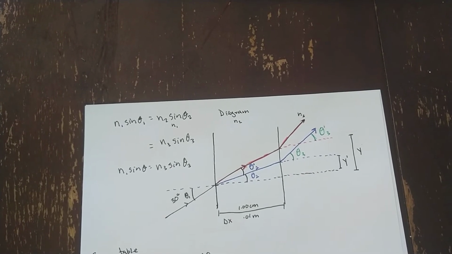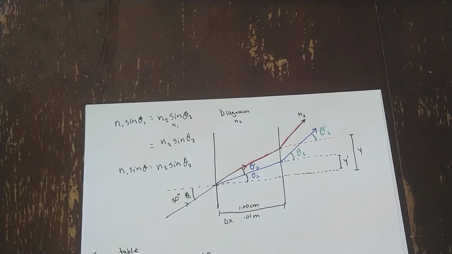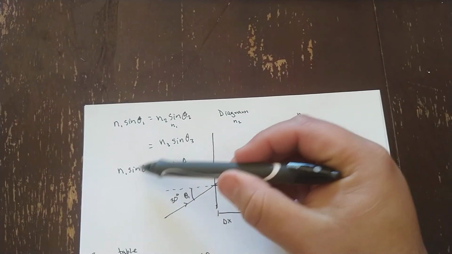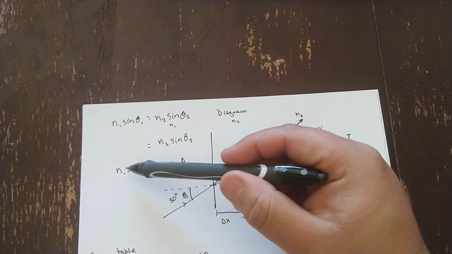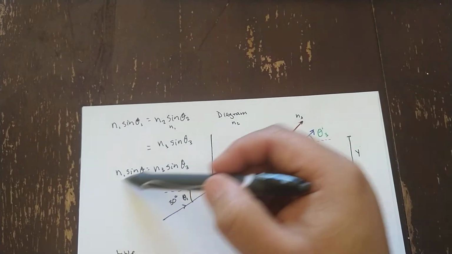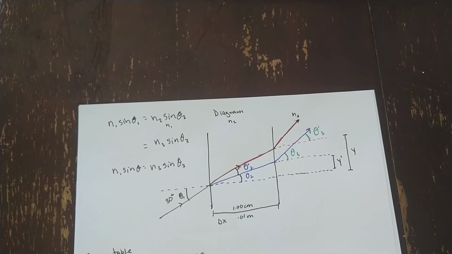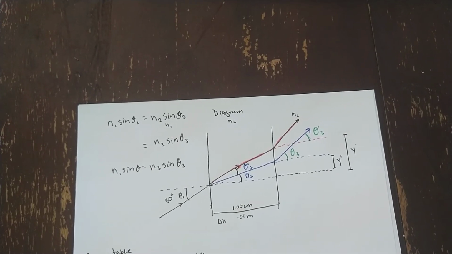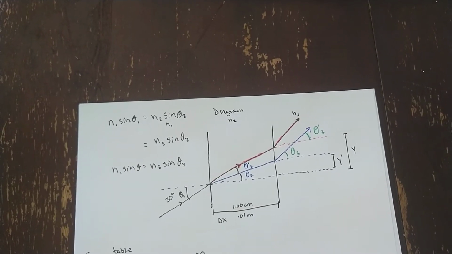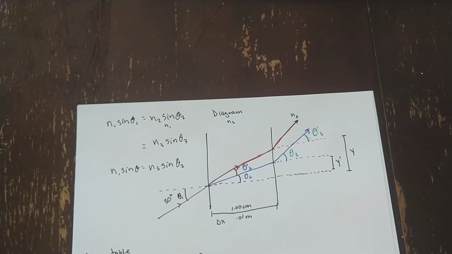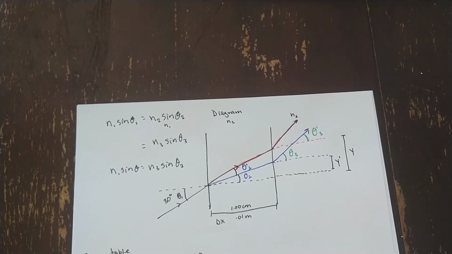Now, if you look at the information above, you're going to see that all these expressions are equivalent. So we can get started trying to solve the problem. But let's think for a second about what we're going to solve here. There are different mediums that the light is going through.